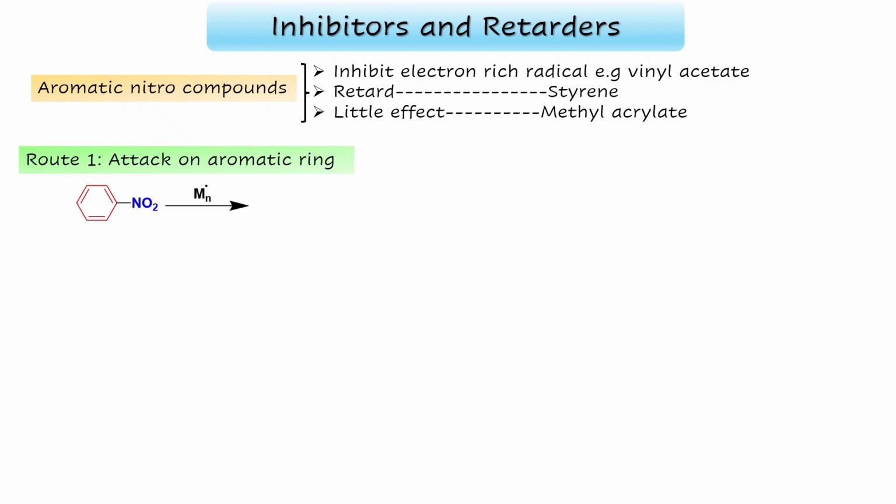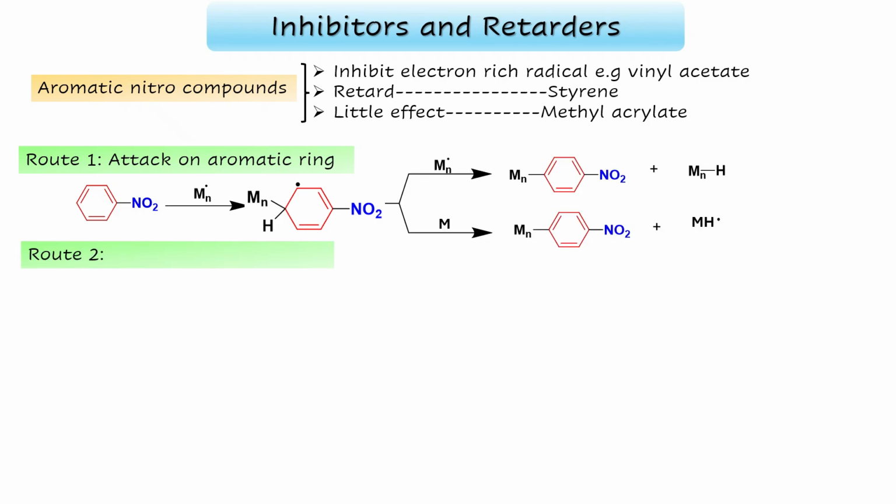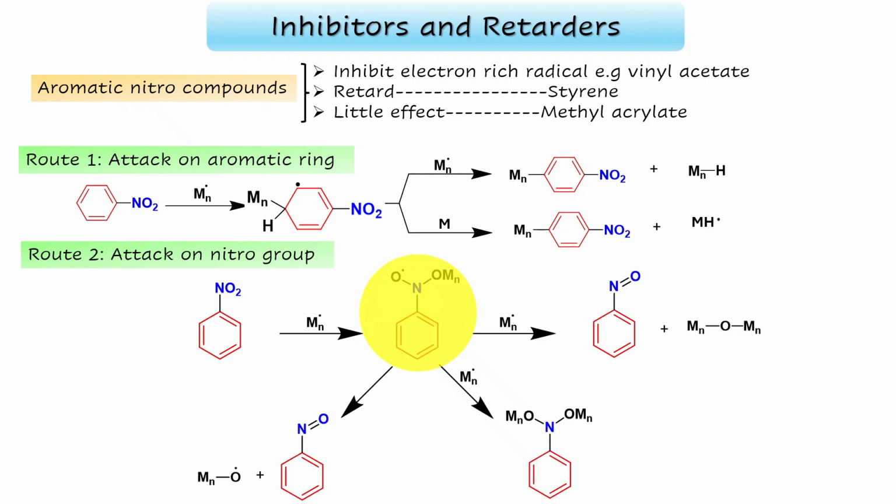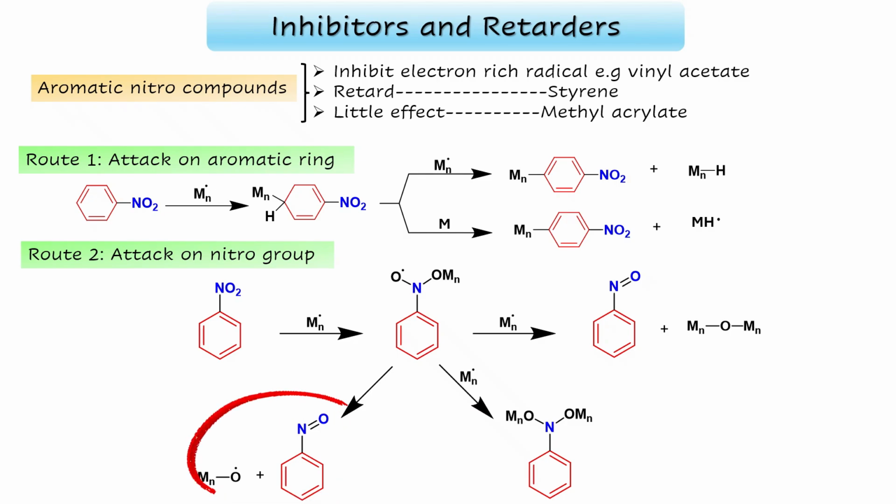Attack on the aromatic ring yields another radical which reacts with another propagating radical, or it can react with monomer. Attack on the nitro group leads to the radical highlighted in yellow, which can react with another propagating radical or cleave to nitrosobenzene and MNO radical. Both nitrosobenzene and MNO radical can react and terminate other propagating radicals.